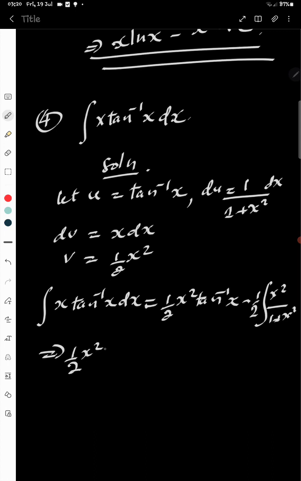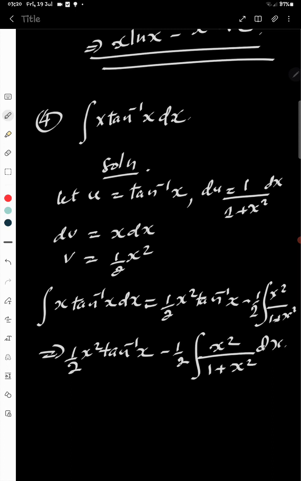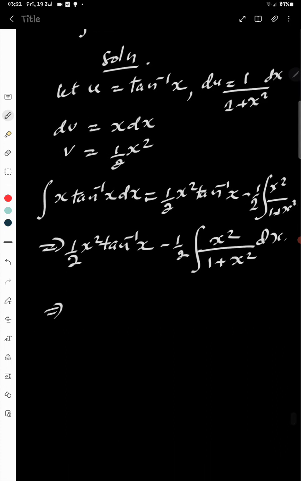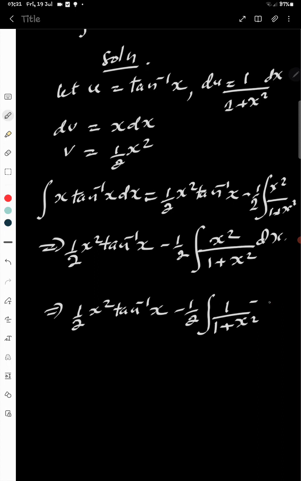Therefore, it is equal to half x squared tan inverse of x minus half integral of x squared over 1 plus x squared dx, which is equal to half x squared tan inverse of x minus half integral of 1 minus 1 over 1 plus x squared dx.